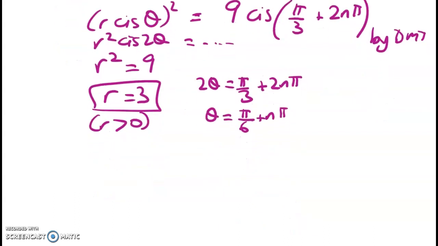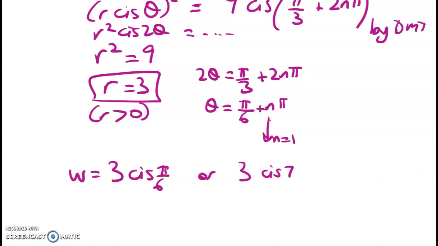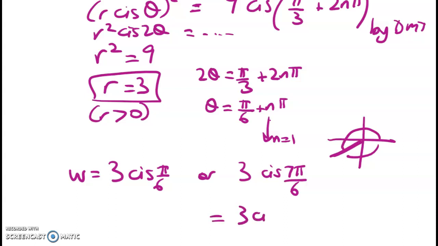So that leaves me with my two w's, my two square roots, as 3 cis pi on 6, or 3 cis, and if I sub n equals 1 in here, I'll get one in the form that I don't want. So 3 cis 7 pi on 6, which is around here. I need to rewrite that as negative 5 pi on 6, which is 3 cis negative 5 pi on 6.